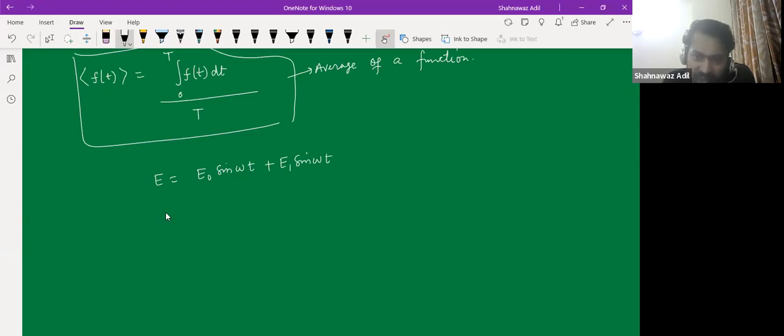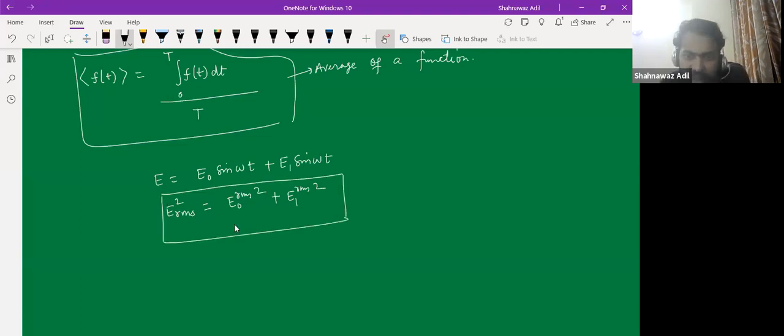So then for this case, E RMS square, that would be how much? That would be E naught RMS square plus E1 RMS square. This result is important. So you have to remember this result very carefully.